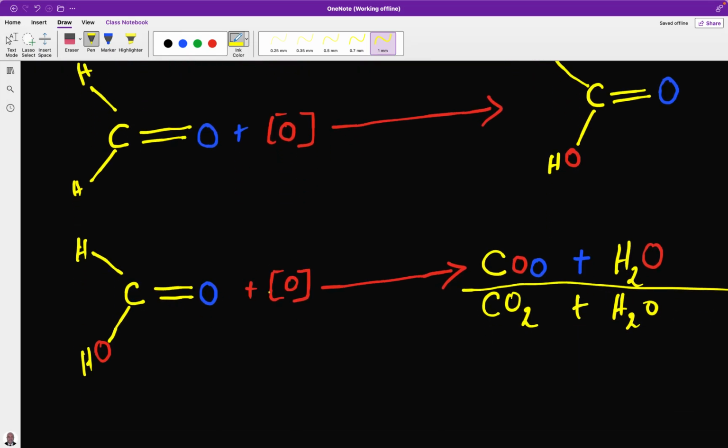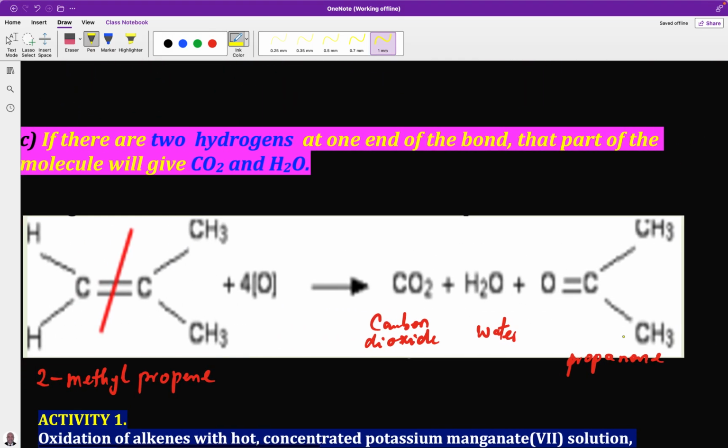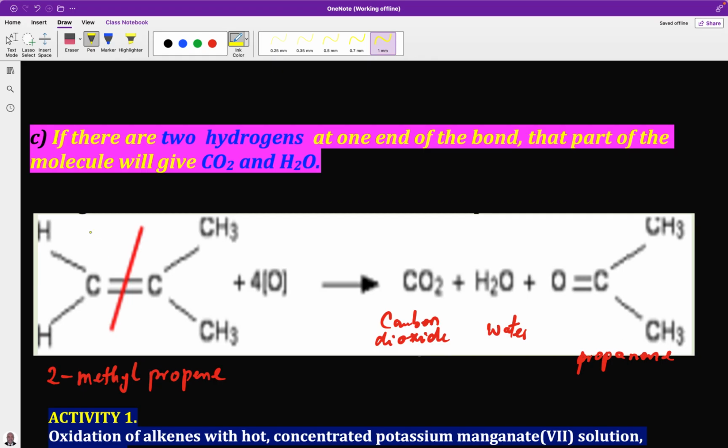And the final oxidation here will result in carbon dioxide and water. We therefore go back again to say, where there are two hydrogen atoms on one side of the bond, that side of the bond will give us carbon dioxide and water, with a molecule of propanone left.